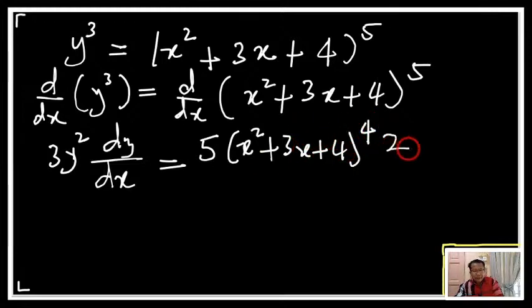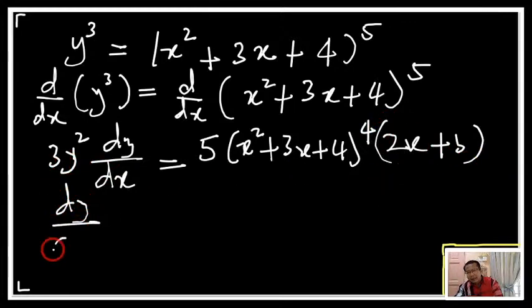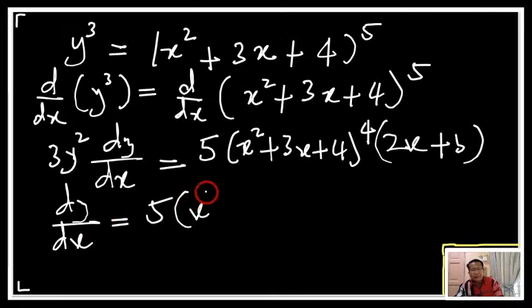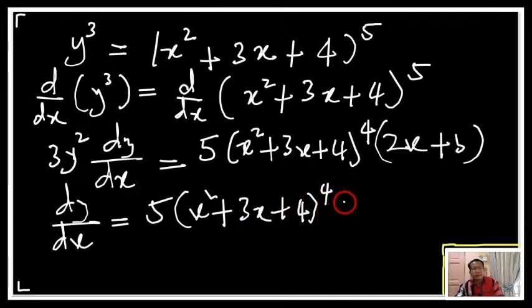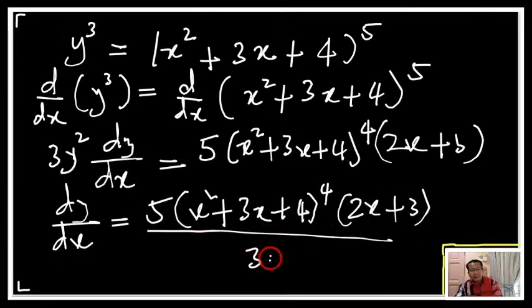Derivative of this, 2x plus 3. Don't forget the bracket. So dy/dx is equal to 5(x squared + 3x + 4) to the power 4 times (2x + 3) divided by 3y squared. Very easy, right?